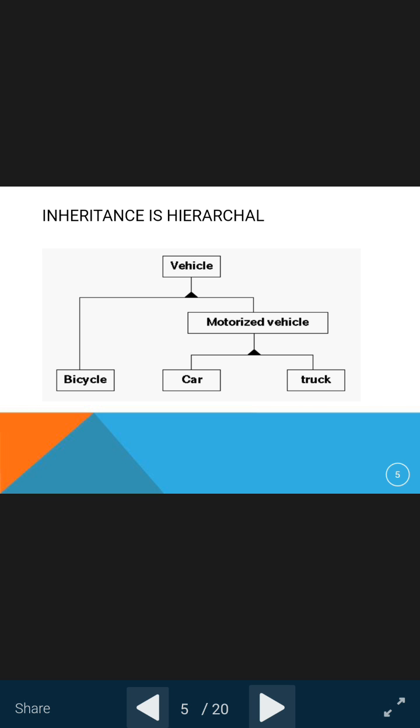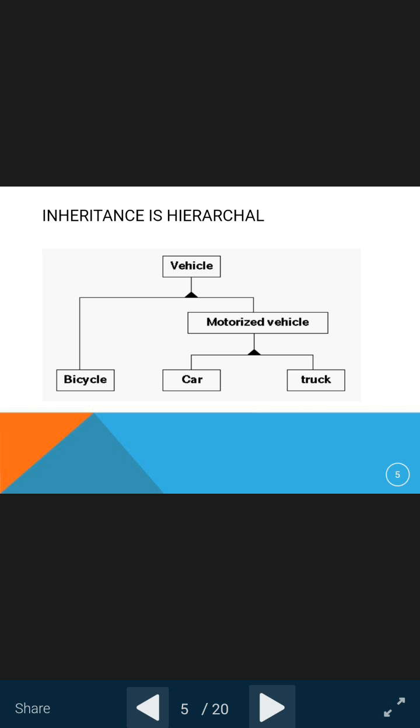On the left side it is a bicycle. This bicycle is a class that can be derived from the vehicle class. So this is hierarchical inheritance. The vehicle class can have only the vehicle class features. The motorized vehicle can have vehicle class features as well as motorized vehicle class features.